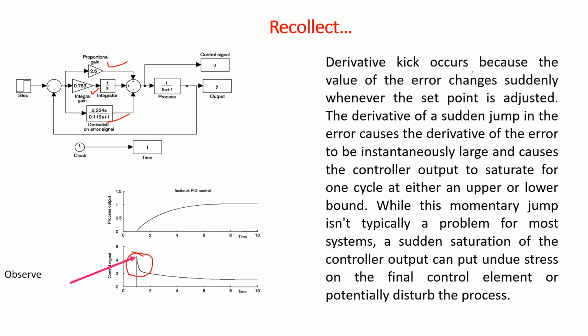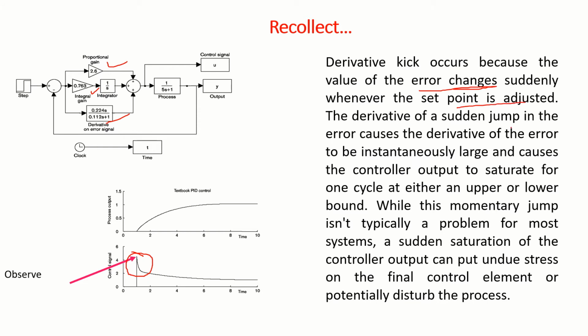A derivative kick occurs because the value of the error changes suddenly whenever the set point is adjusted.